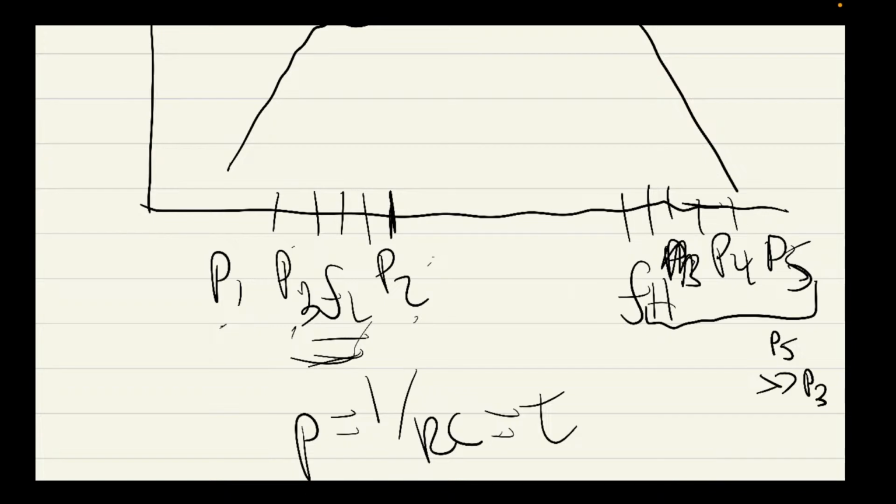Sorry, this is very messy, but this is P3. Well, we know this FH is going to be approximately P3, because they're all in parallel. And so that gives you your lower bound for P3. Does that make sense?